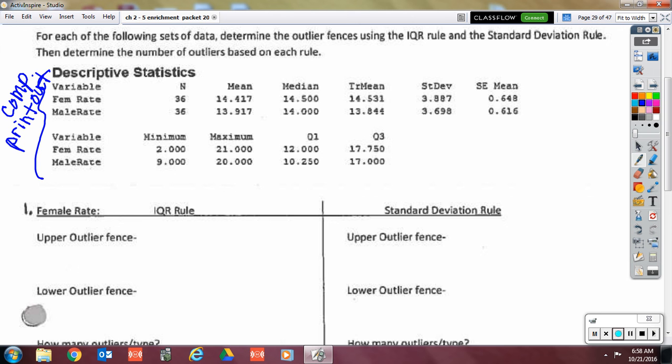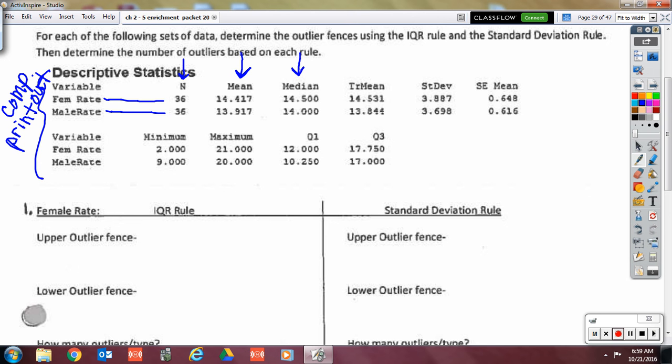So you can see we've got information on females, so they're going to be the top line, and then we've got information on males, they're going to be the bottom line. All right? This N, what do you think that N represents? That N is the number of items in the data set. Here you can see the mean of both the female and the males.